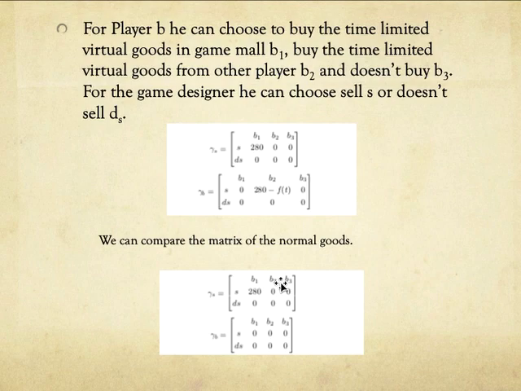Here's a matrix, and it's very clear that there is not much difference. Only 180 minus FT here, but 0 here, where the payoff for the player B depends on the exchange of the value FT.